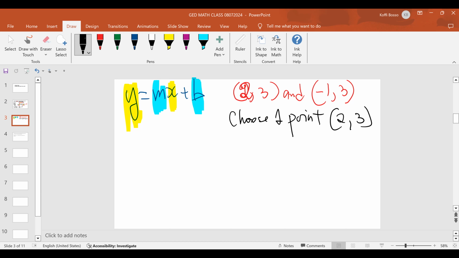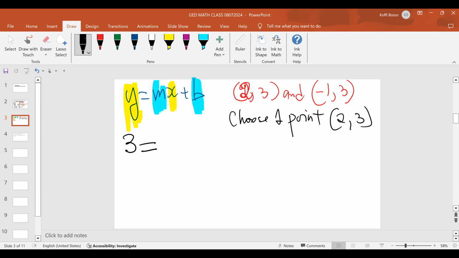And I choose (2, 3) because everything there is positive. That will help me, because sometimes when you have a negative value, during the calculation, you can make a mistake. Now, when you choose (2, 3), tell me, what is the y value? 3. So I'm going to replace y by 3 is equal to, do we know m, the slope?